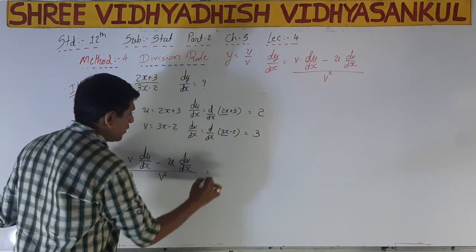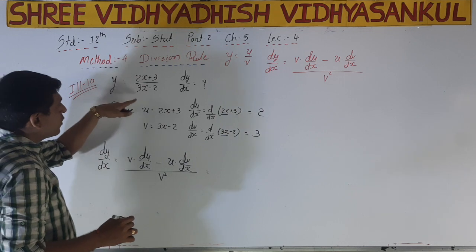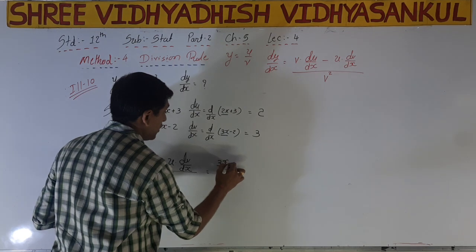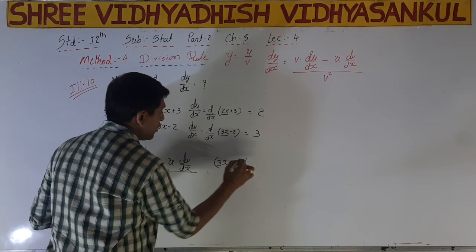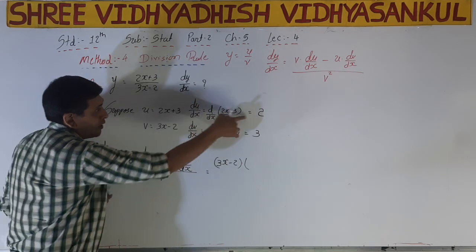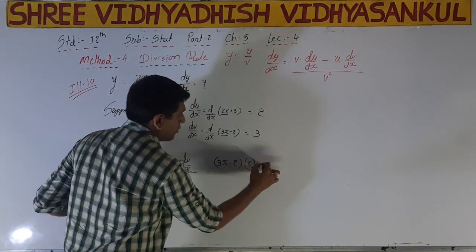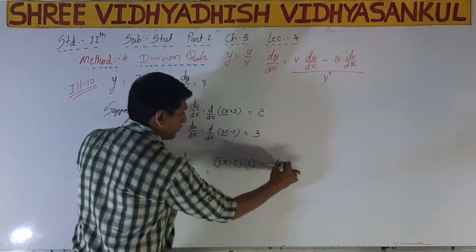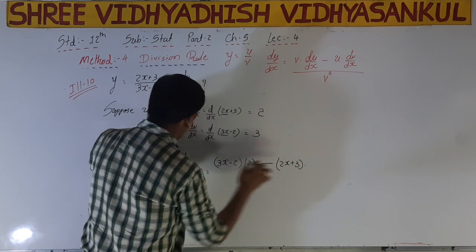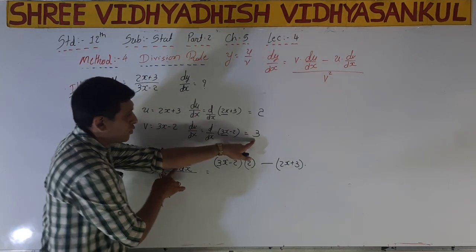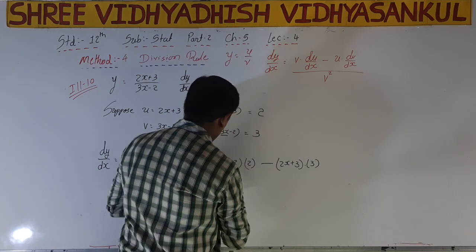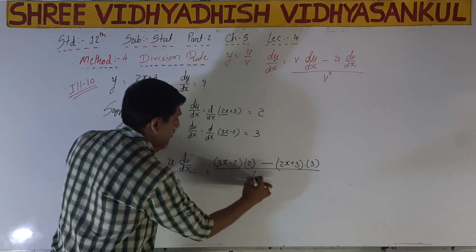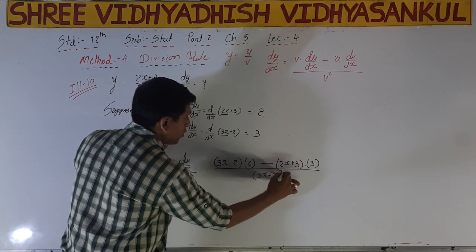Put the values here. v is equal to 3x minus 2, into du by dx, which is 2, minus u, which is 2x plus 3, into dv by dx, that is 3, all divided by v square. v square means (3x minus 2) square.